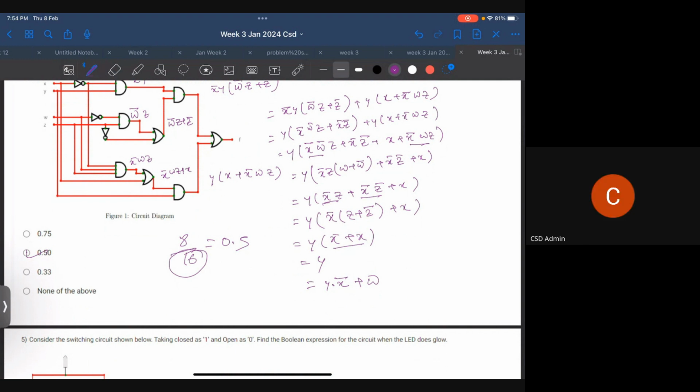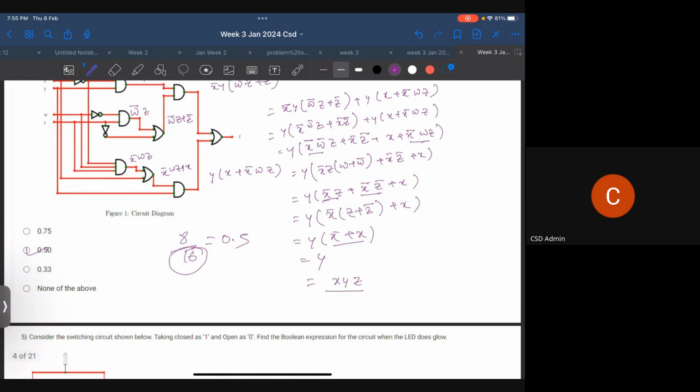So let's take a very minimal example. Suppose we are taking x, y, z, 3 variables, and all are 1.